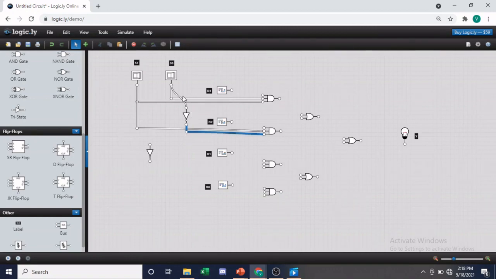So let us do this as such. And then S1 goes through the NOT gate and the first digit of D1 gives 0 and S0 is connected directly.